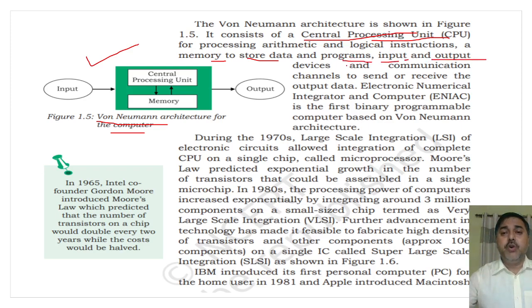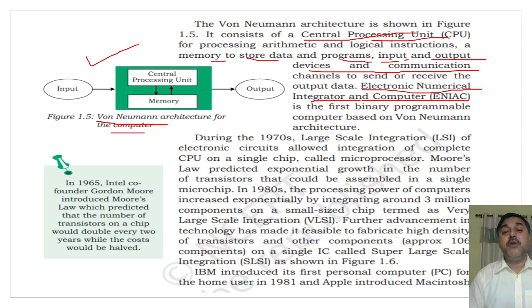All these different patterns of devices communicate through different channels through which data will transmit. So the Electronic Numerical Integrator and Computer, ENIAC, is the first binary programming language based on von Neumann architecture.